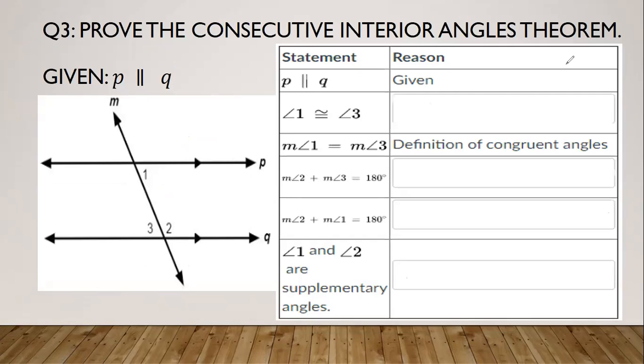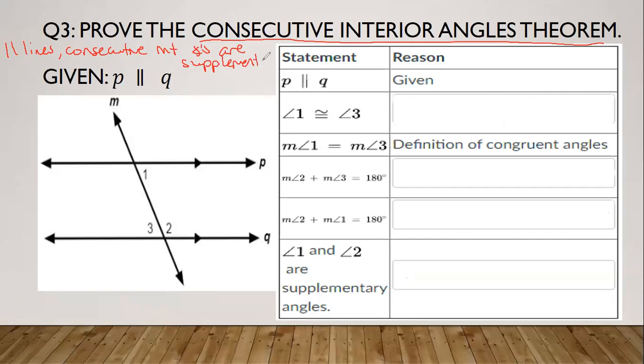Okay. So we want to prove the consecutive interior angles theorem. If you remember, the consecutive interior angles theorem says that when we have parallel lines, consecutive interior angles are supplementary.